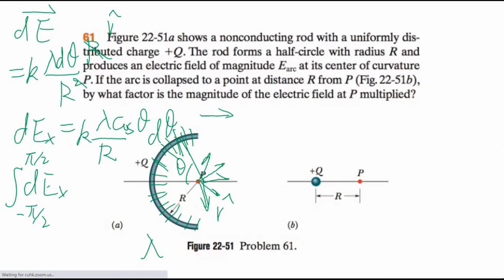Then after integration, that would be just the cosine theta d theta integration, and the other things are just constant.